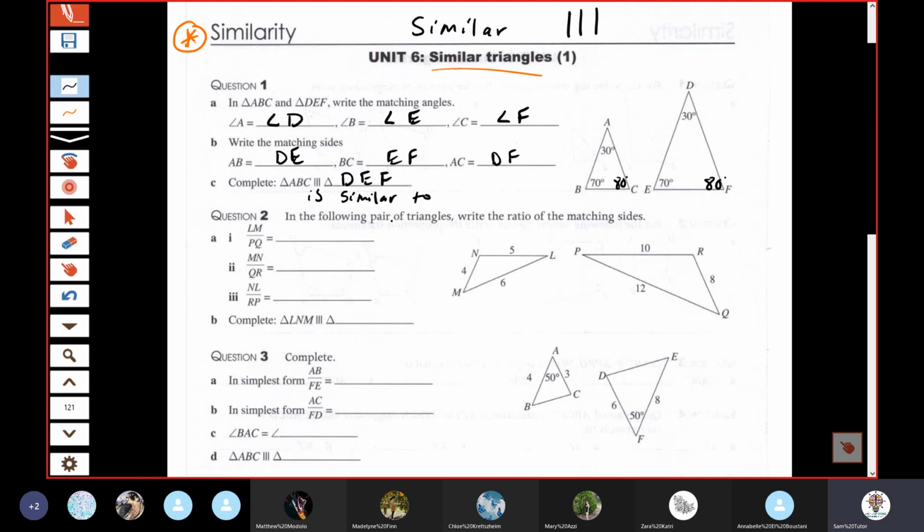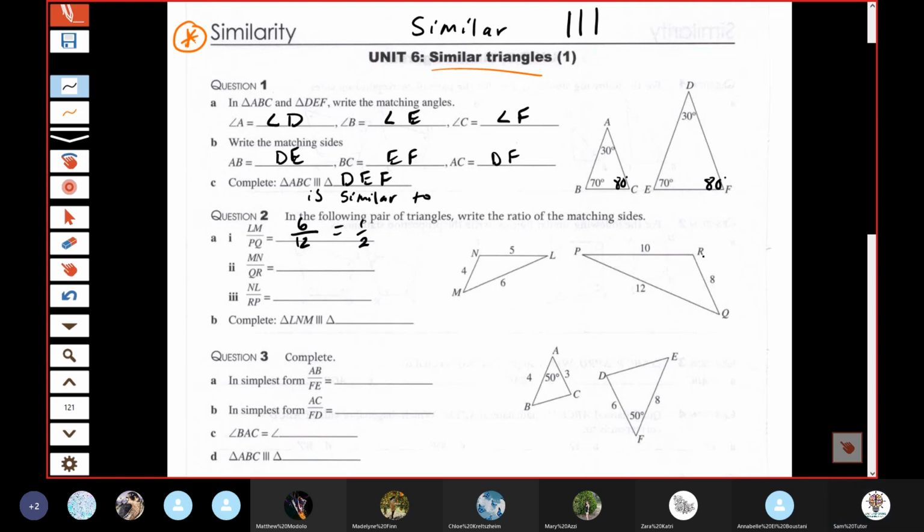Okay, in the following pair of triangles, write the ratio of matching sides. LM to PQ: LM is 6 over PQ, 12, which equals a half.